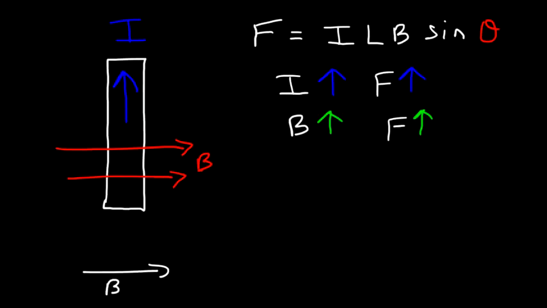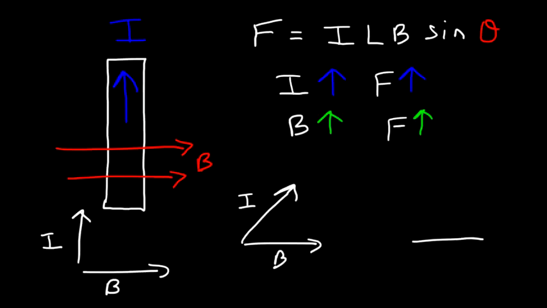So here's one example where the current and the magnetic field are perpendicular. And here's another example when the current and the magnetic field are at an angle. And here's when it's parallel. Now, theta is the angle between the current and the magnetic field. When they are perpendicular, sine 90 is equal to 1.